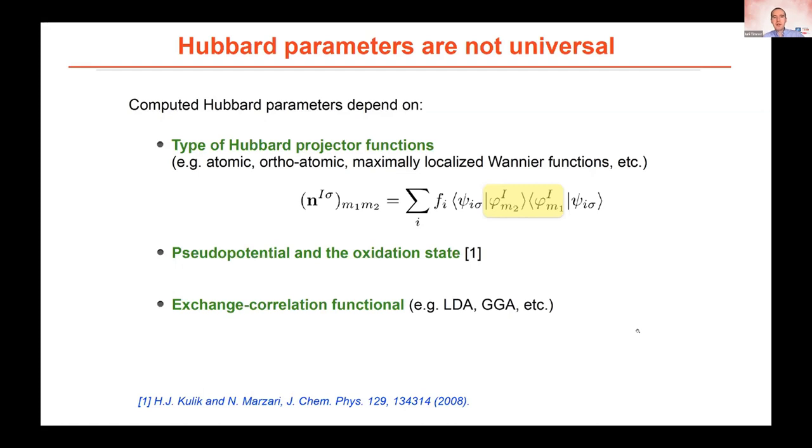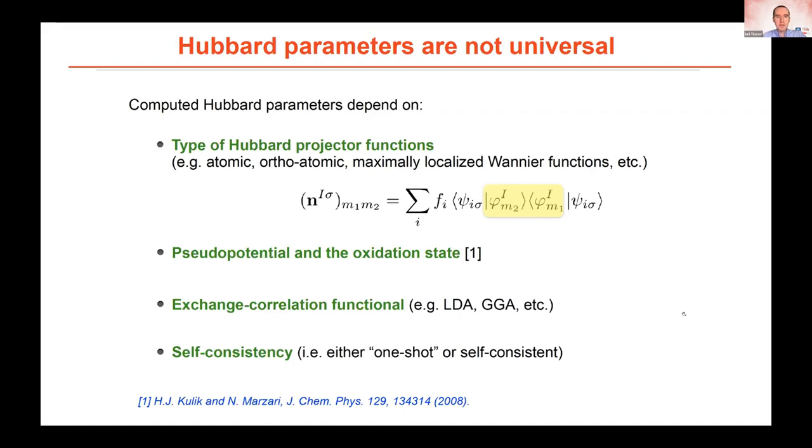Also, the Hubbard U parameter that you compute with linear response theory depends on the exchange correlation functional. If you use LDA or some version of GGA like PBE, PBEsol, the value of Hubbard U will not be exactly the same. It will change. If you want to use SCAN, it will be yet another value.